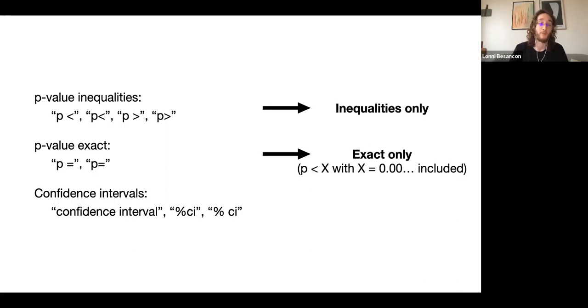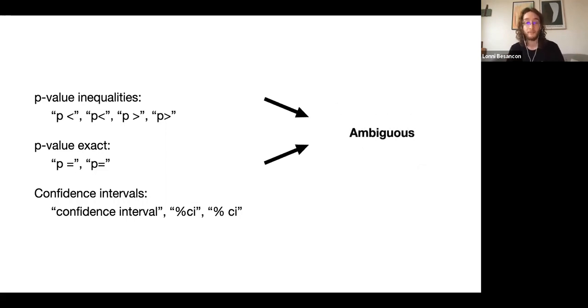When the paper reported p equal to, or p less than something, but something being smaller than 0.00-something, we concluded it was an exact p-value because we can consider that a very, very small p-value is probably an exact reporting. And if a paper reported both, then we just said that it was ambiguous.